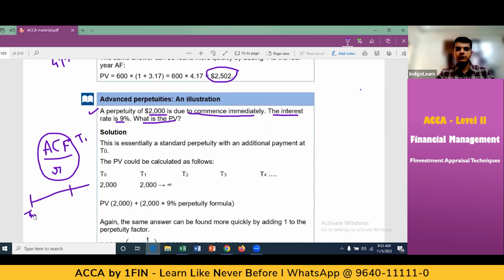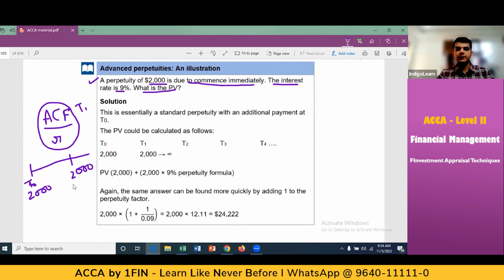So at T0, you will receive 2000. Okay. From T1 again, you will be receiving 2000. There is no growth factor involved in it. So if you want to calculate the present value of this, you can directly put 2000 divided by the rate of interest, that is 9%.